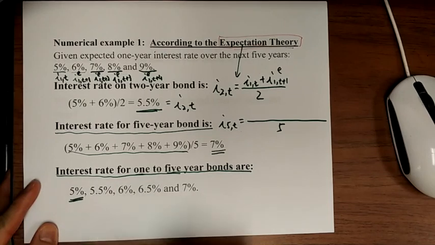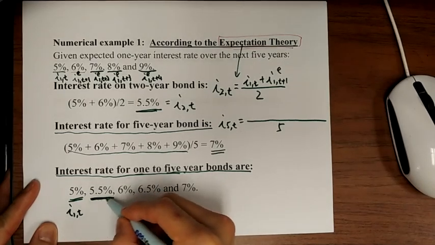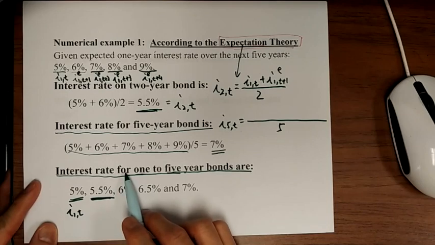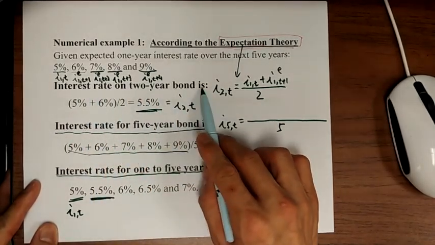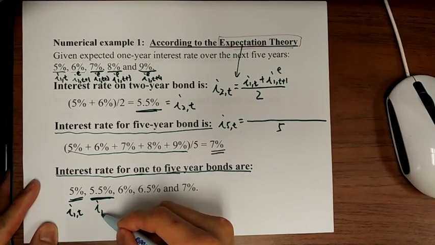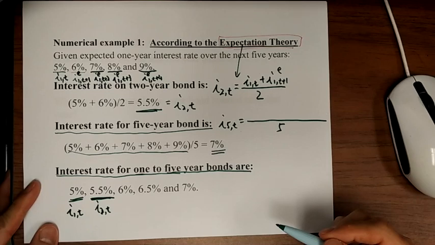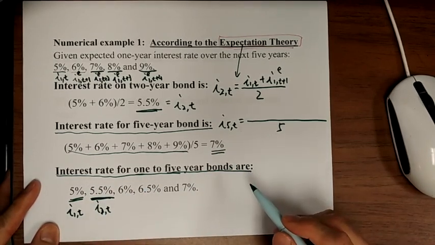So what is this 5%? It's I1T. What is this 5.5%? The interest rate for the 2-year bond. That's exactly the first question we're asking here. So this is I2T. What is the interest rate for the 3-year bond today?